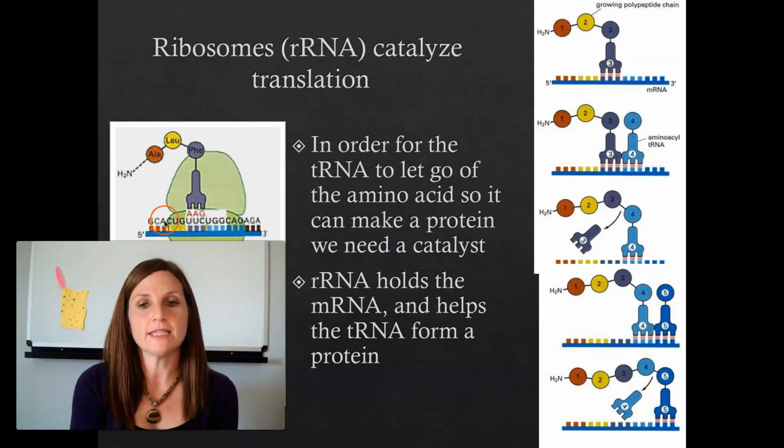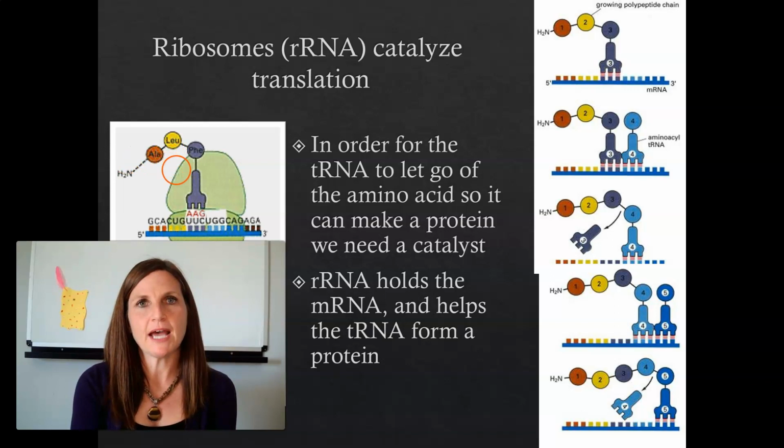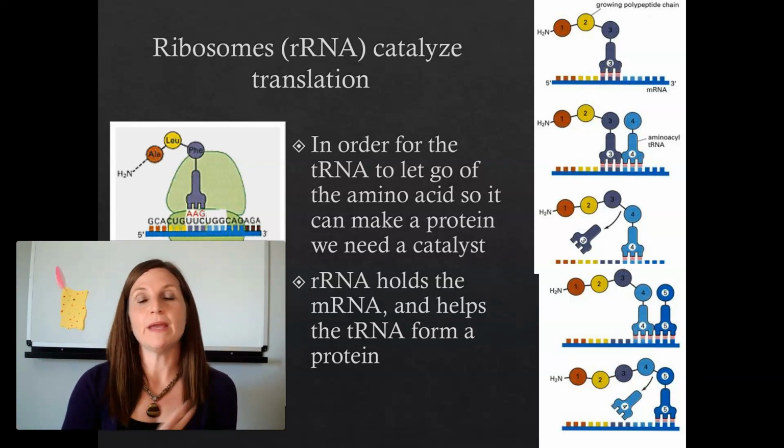Remember that the bond that forms between the different amino acids is called a peptide bond. So we call this a polypeptide because we're forming many peptide bonds. This polypeptide then eventually gets folded and helped and formed into a protein. So we're forming the very basis of that polypeptide chain.